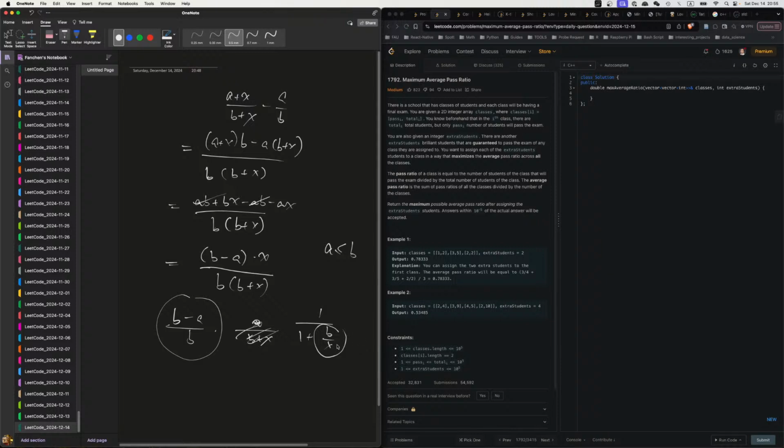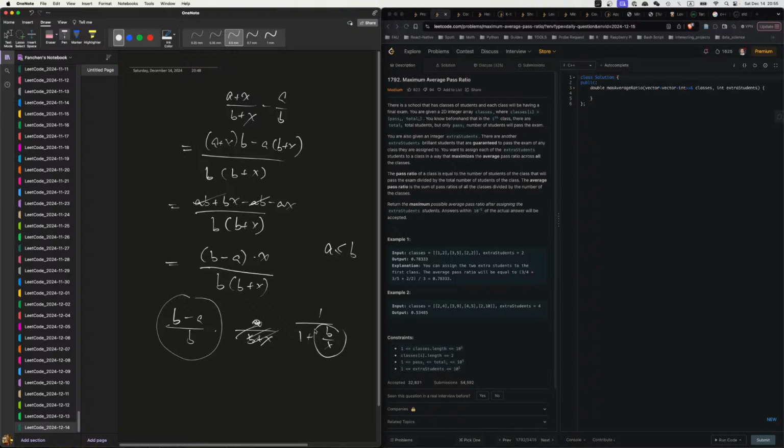So x gets bigger, this one gets smaller, and the total becomes bigger. Like if x gets giant, then this one will be close to 1. X goes to infinity, this becomes 1. So for each number, yeah, it's guaranteed. You put the maximum in it, you get the best benefit, right? You get the best benefit.